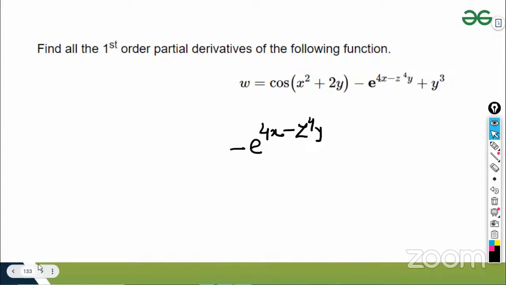It's e to the power 4x minus z to the power 4y. Solving this part again, let's see how we can solve.